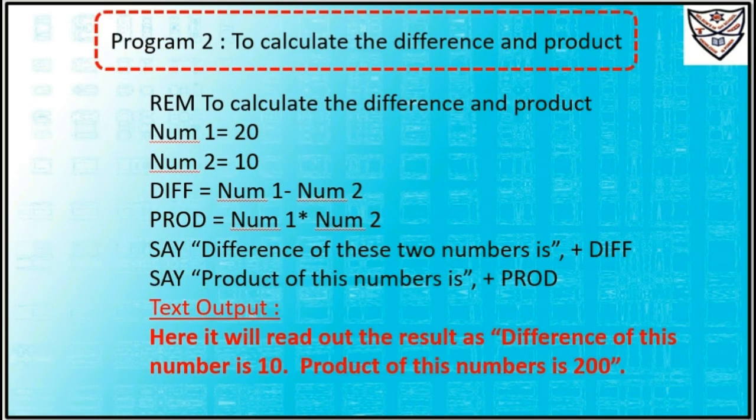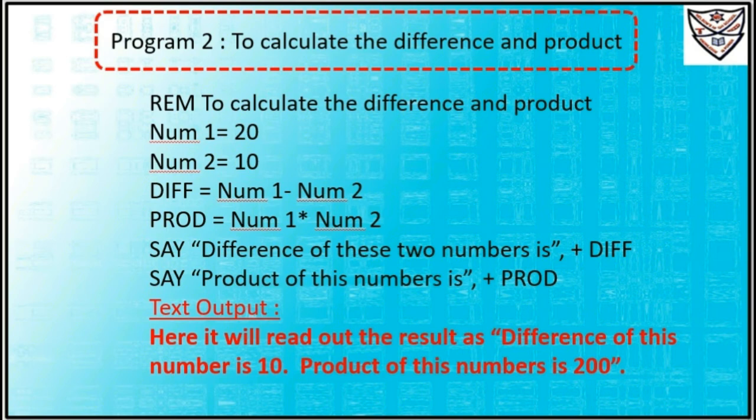Now, the second program, to calculate the difference and product of two numbers. REM to calculate the difference and product. num1 equals 20, num2 equals 10. diff equals num1 minus num2. product equals num1 times num2.